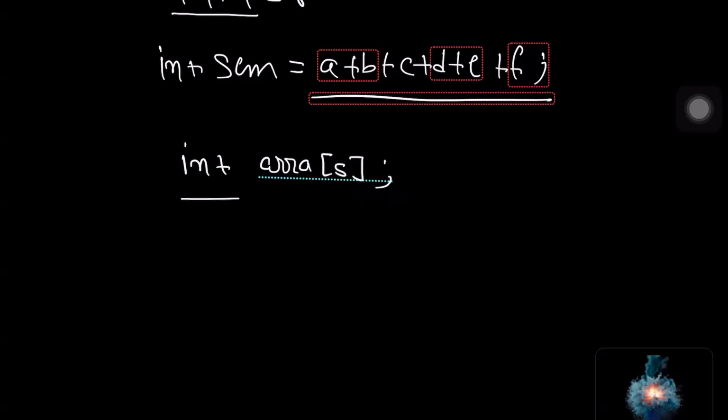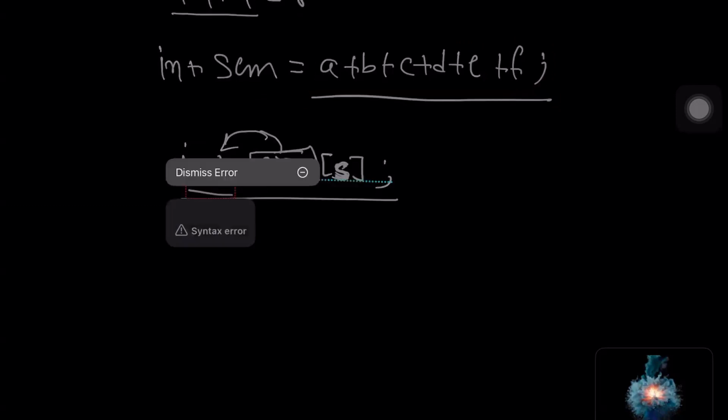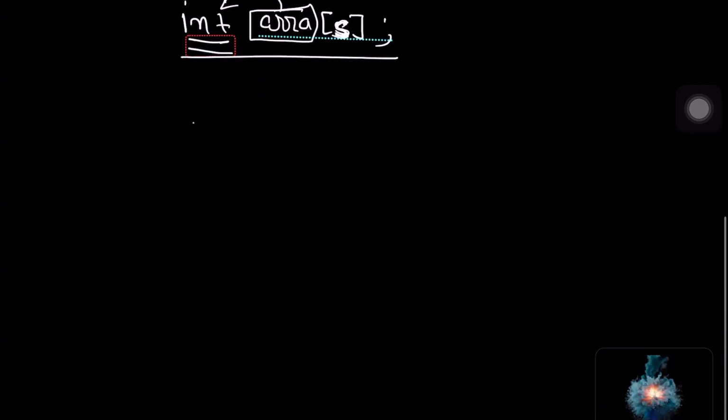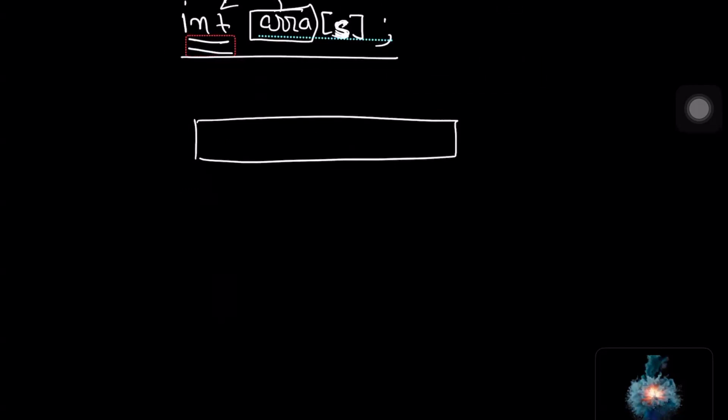So now as I declared this, it means that this array can hold 5 values because it's a size of 5. It can hold 5 values. Which type? Integer type. Okay, this is the data type. And one second. Basically, I will just explain in a diagram, and then we will go through all these details.